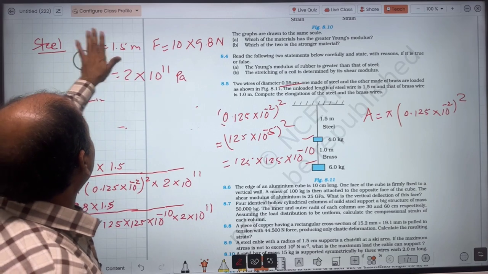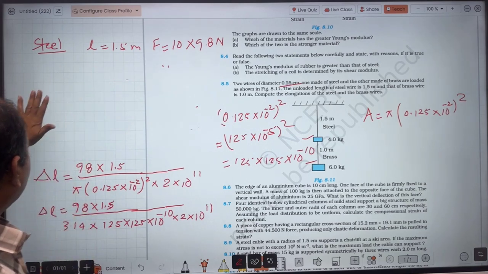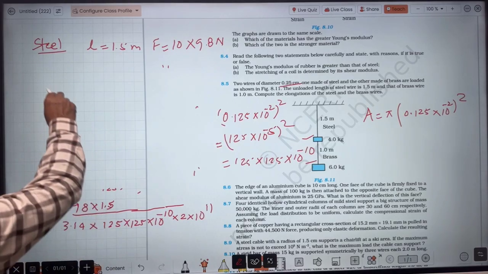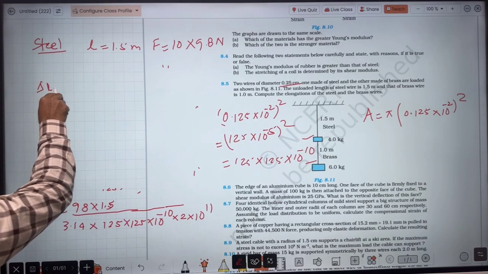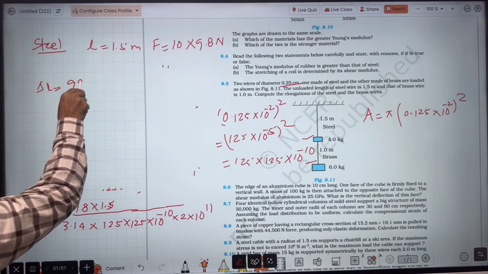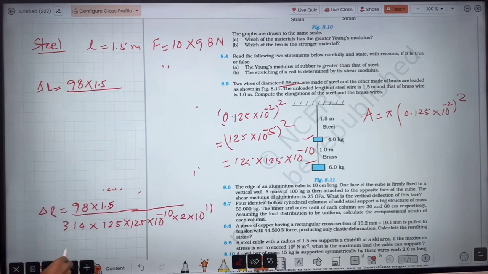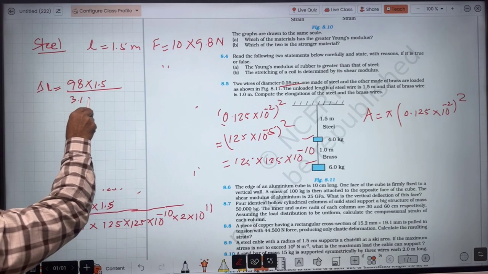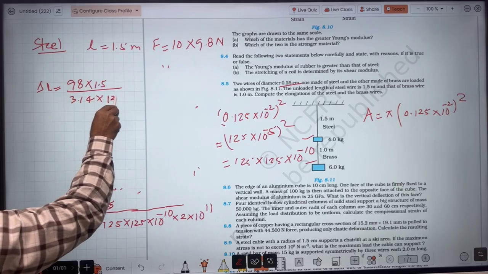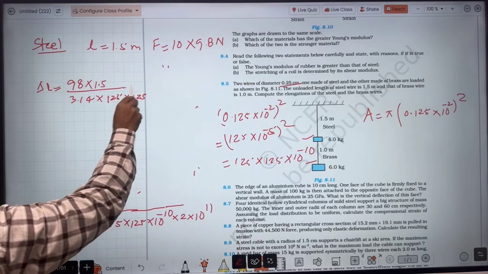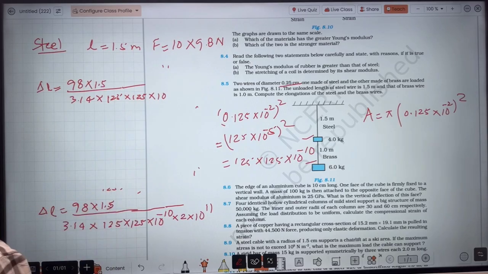So we can do one thing here. We can write it as delta L equal to 98 into 1.5 divided by 3.14 into 125 into 125 into 10. Now we can simplify it.